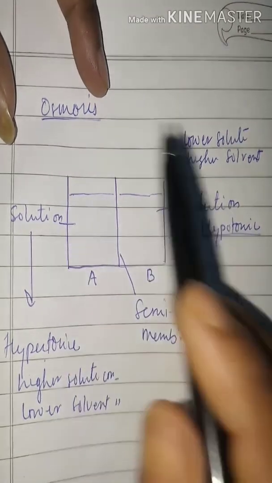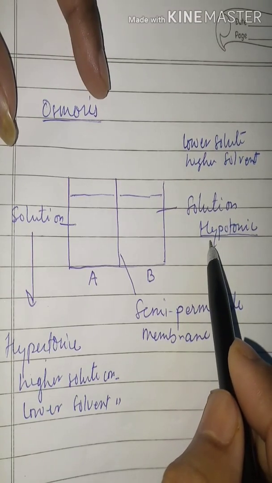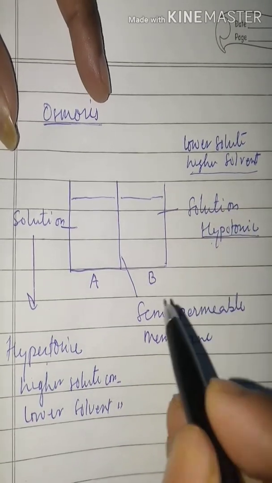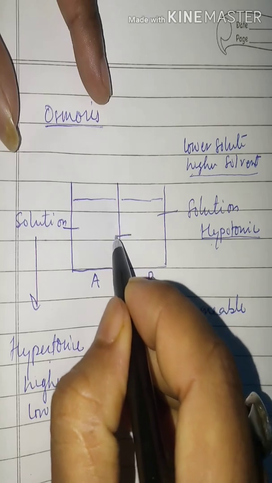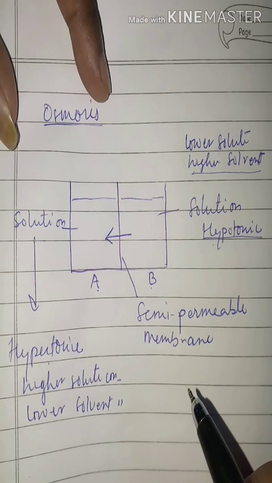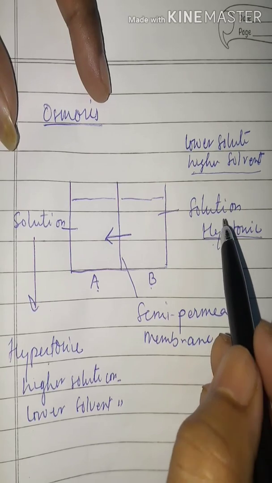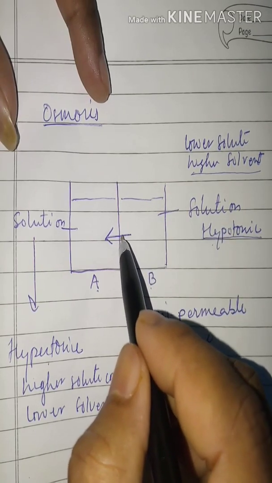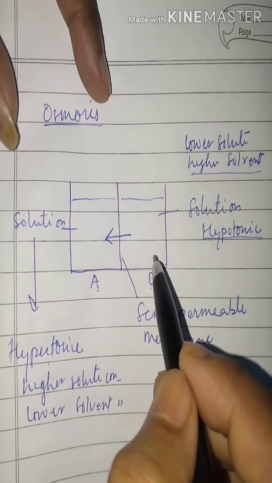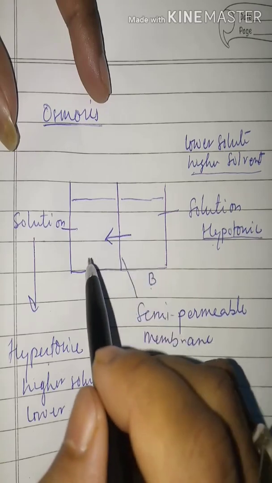So here, water from the hypotonic solution, because here it is in higher concentration, so water molecules can diffuse from B to A across a semi-permeable membrane, because the particles of the solute are larger than the size of the pores of the semi-permeable membrane. That's why solute cannot diffuse either from A to B or B to A.